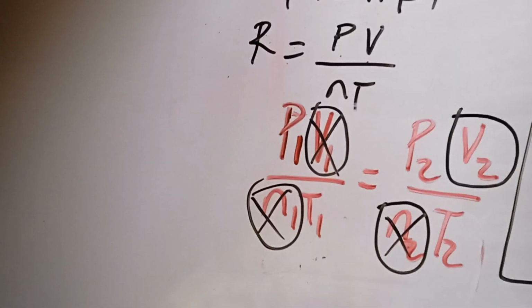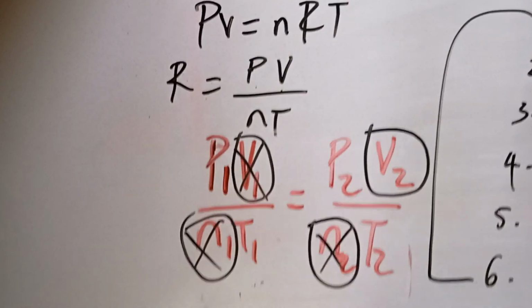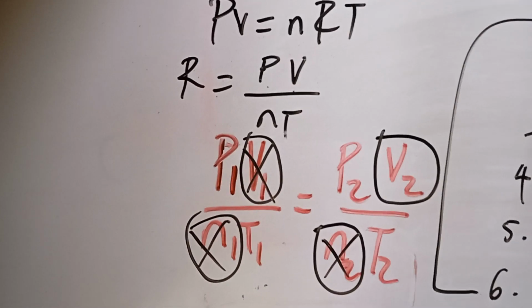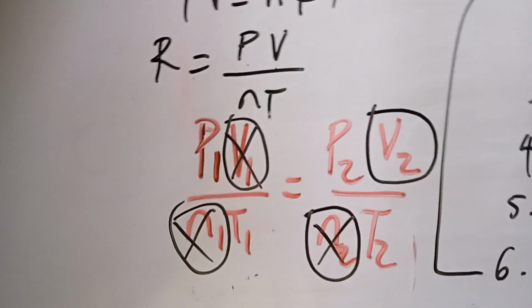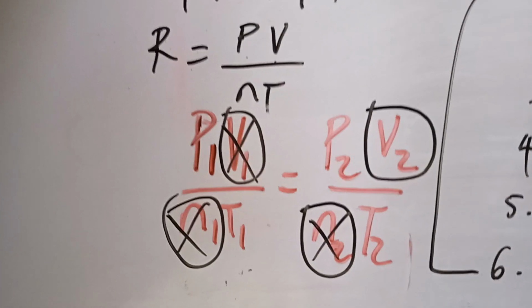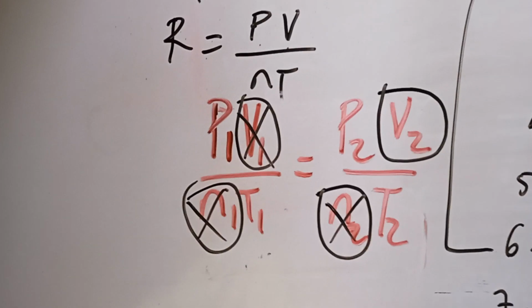Take for example, if you're boiling water, if you heat it to an extent, you notice that the collision increases. The molecules of that water start shaking. So as you increase temperature, you increase pressure. That's what it's talking about.